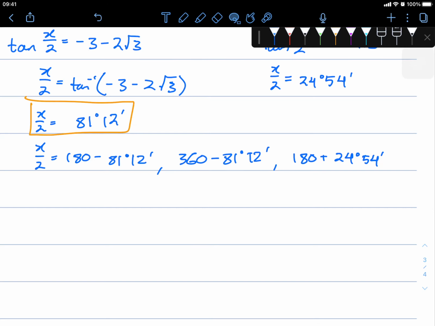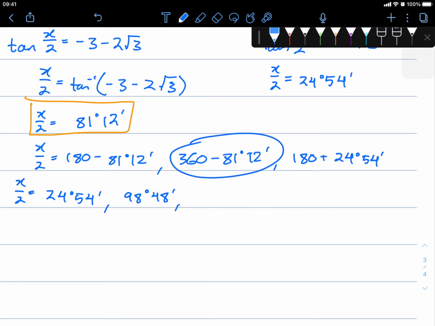Okay, so our answers that we're looking for, x over 2 is equal to 24 degrees, 54 minutes, that's 1. Here's our second one, 180 minus 81 degrees, 12 minutes. That's 98 degrees, 48 minutes. 360 minus that answer.